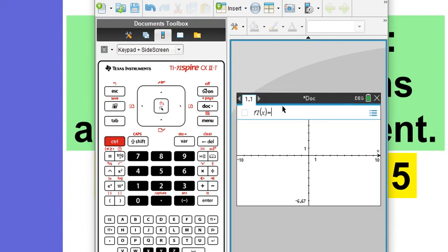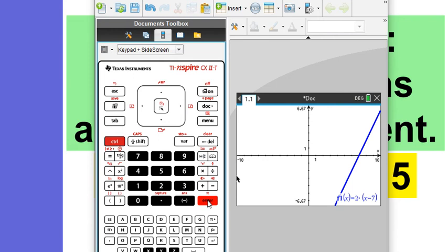So the first expression that I want to graph is 2 times the quantity x minus 7. When I graph this, I get a line like so. Now I press tab to graph the next function, and I have 2x, so f2 of x equals 2x minus 15.